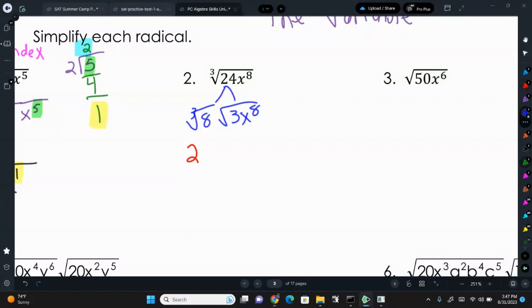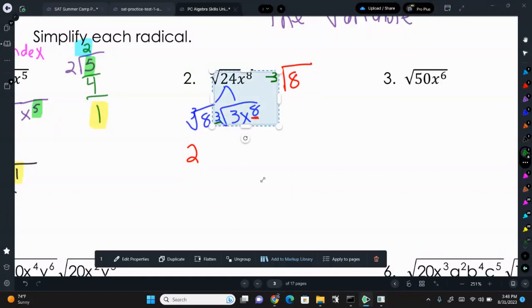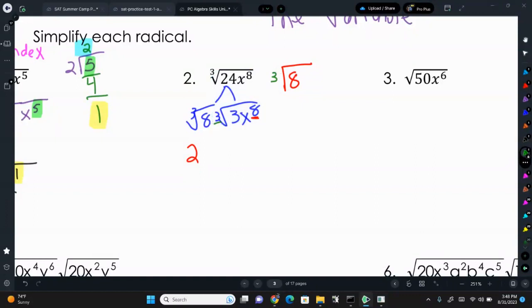We're going to divide 8, because that is our exponent right here, by our index, which is 3. 8 divided by 3, we get 2. 2 times 3 is 6.